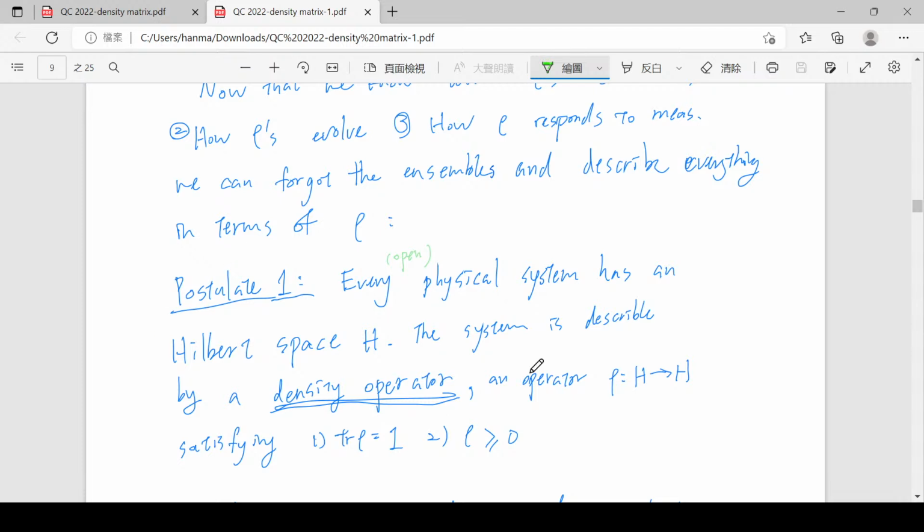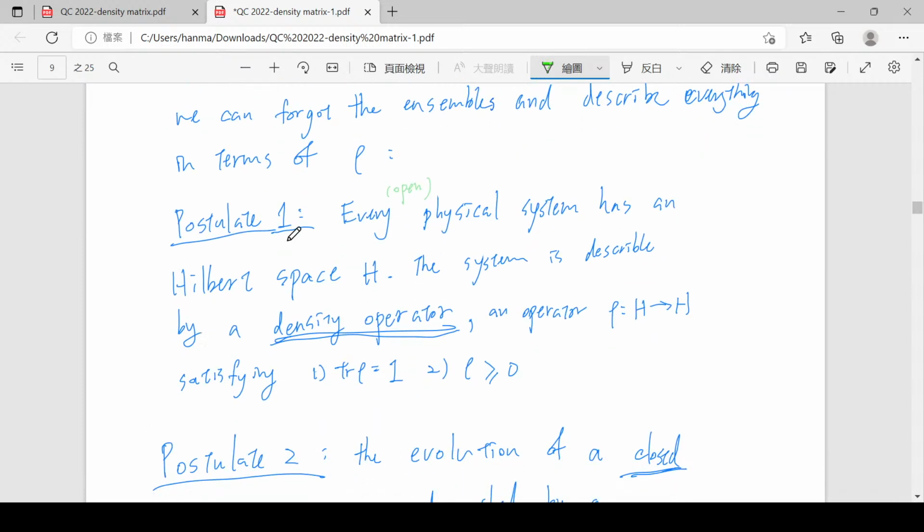That means that if you have an open physical system, interacting with another system, then the local part of your system can be described by a density matrix. But that's a little spoiler. Anyway, we can describe everything of a physical system in terms of density matrices.